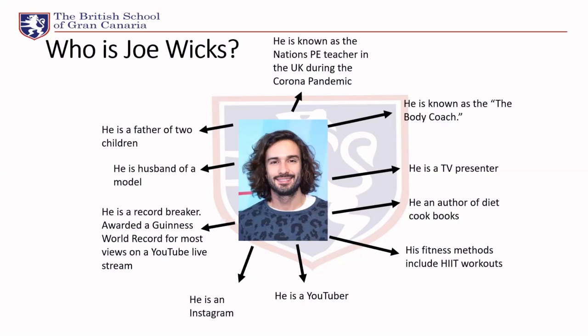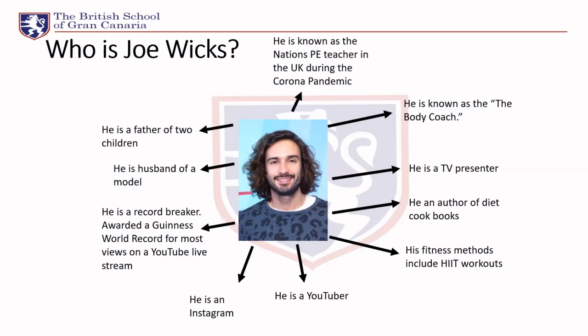Maybe these last 2 bits don't matter at all about who Joe Wicks is. But if we were to abstract this, the general idea is Joe Wicks is a famous fitness guru on social media, because Joe Wicks first became famous from his Instagram account.